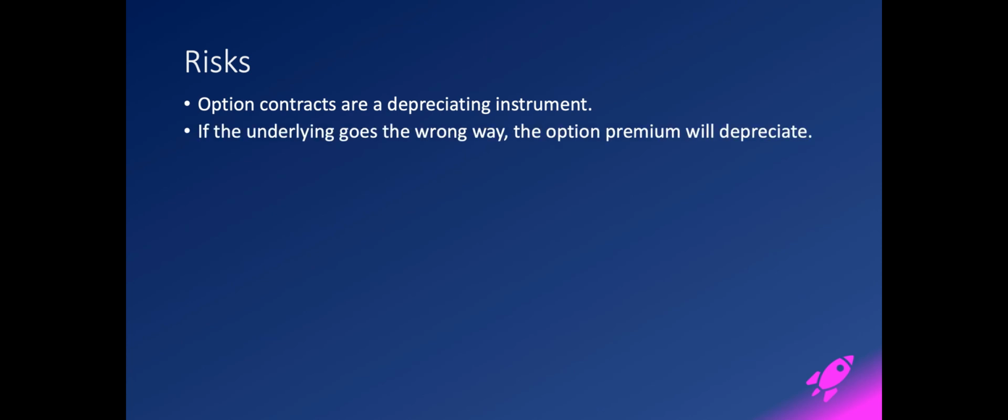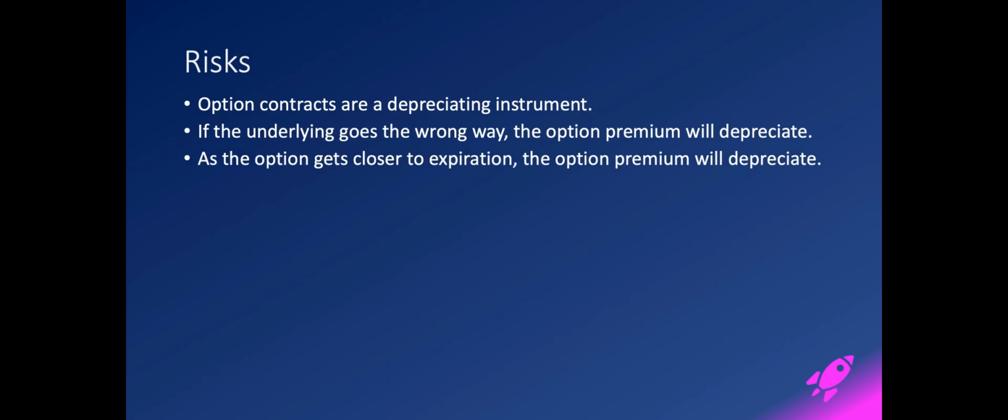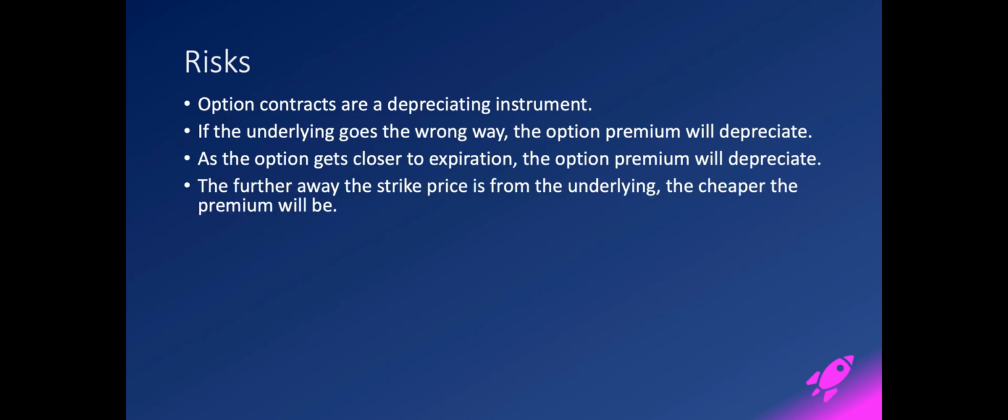Some of the risks of buying options are that option contracts are a depreciating instrument. If the underlying asset goes the wrong way, then your option premium depreciates. And of course, as we get closer to the expiration, the option premium also depreciates. Now, the further away the strike price is from the underlying, the cheaper your premium will be.